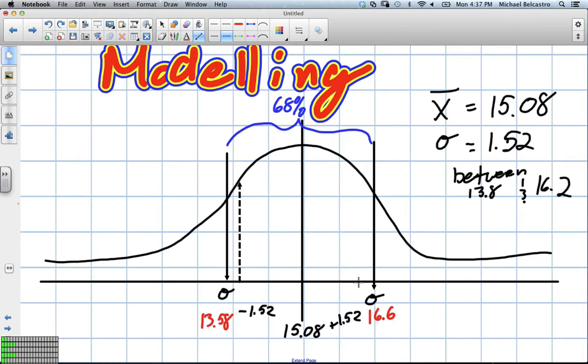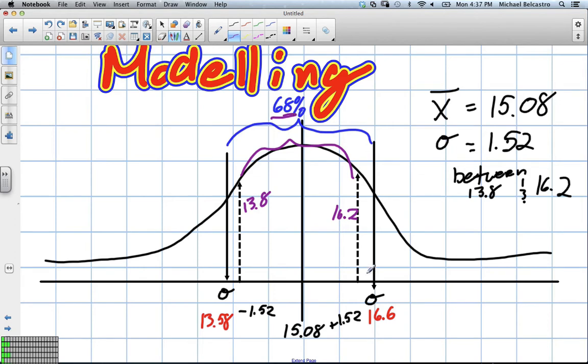And 16.2 is a little to the left of this. We're not exactly sure where, but we've estimated on our graph this will be our 13.8, and this will be our 16.2. So in other words, we're of a smaller amount. So we know we're going to be less than 68%, whatever we are, okay? Because we're taking up an area that's less than that.